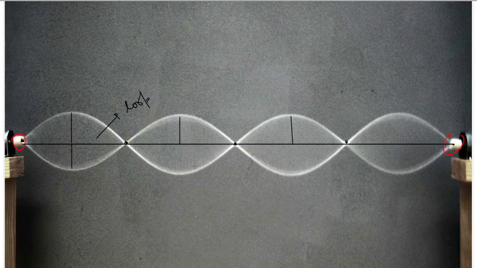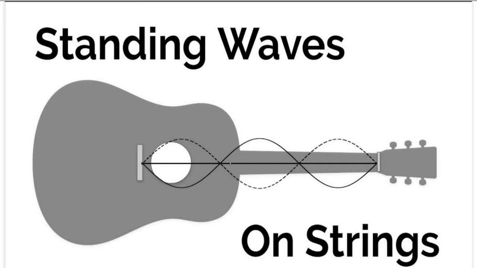Now we'll find out what is the equation for a standing wave, and also at which points we will get nodes as well as antinodes. One more practical example could be a string, like a guitar, where we get standing waves based on where it has been plucked.